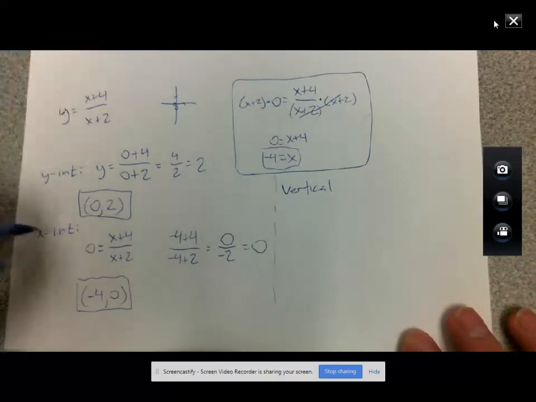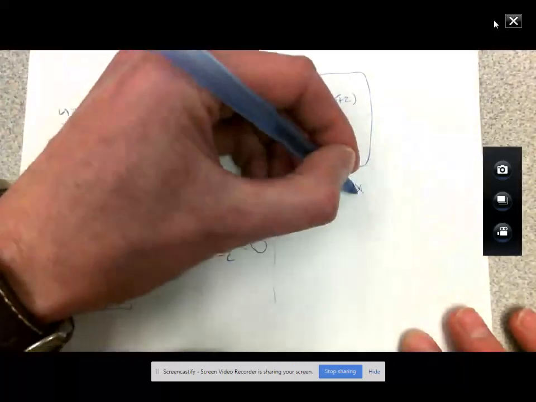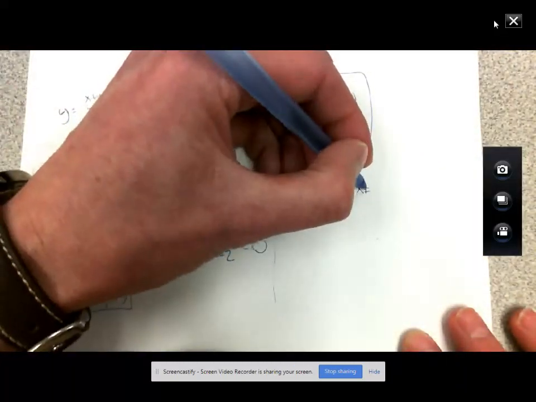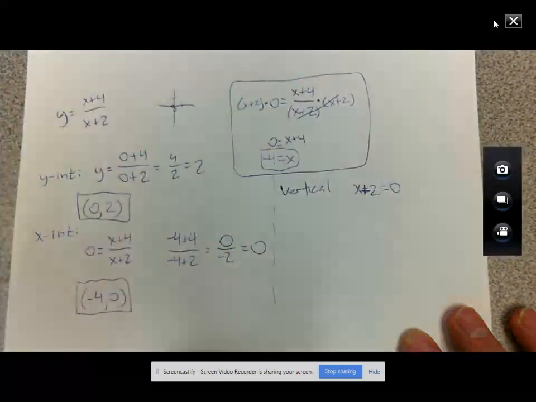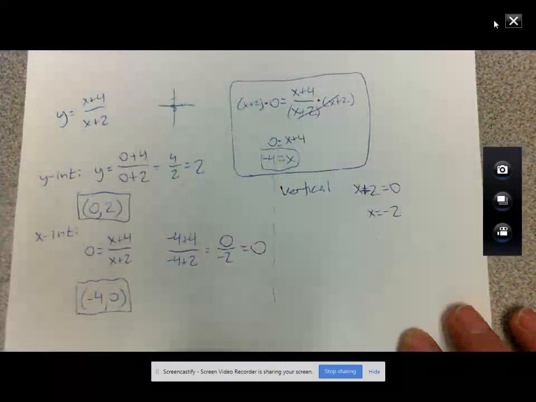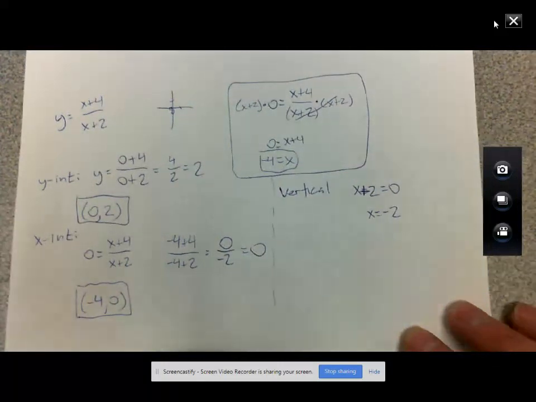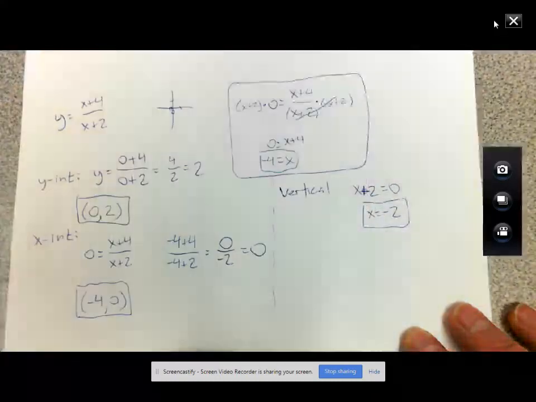Kind of like what we did for the x-intercept, but we can't let the denominator equal 0. So what would make x plus 2 equal to 0? Well, if x was negative 2, we'd have a problem, because then negative 2 plus 2 would be 0. And so that would be our vertical asymptote.